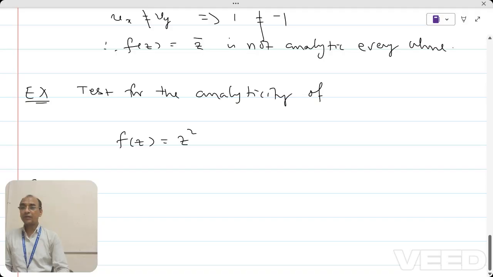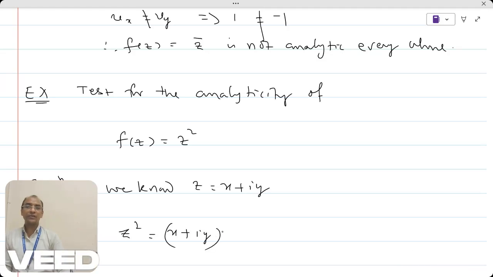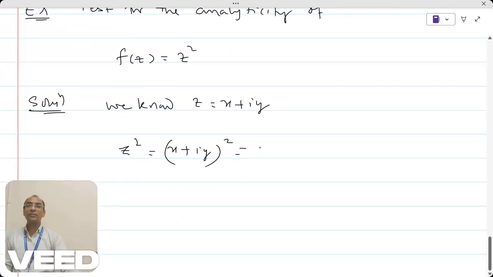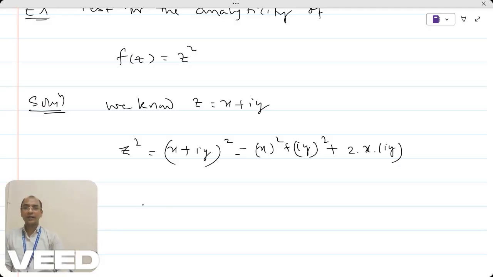Here, we know z equal to x plus iy. Then we can find z square. z square means x plus iy whole square, and by the formula of a plus b whole square, we can have x square plus i square y square plus 2 into x into iy, and finally we will get x square minus y square plus i into 2xy.